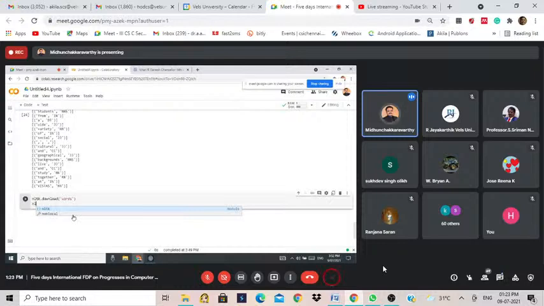NLTK Max Chunker. Only for those who are applying the chunking process directly, you have to download all these. Otherwise, you may not need all of these. Here I just give max, and no worries if you have not downloaded. If you have not downloaded, it will tell you. The error part will say what is missing over there, and you can download it directly by using the code.